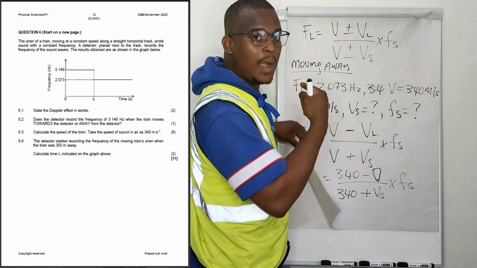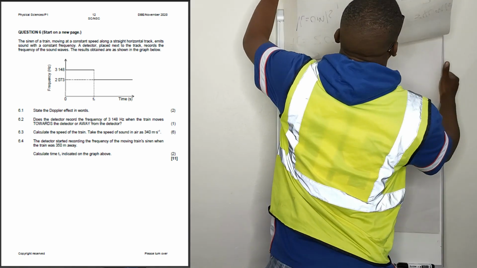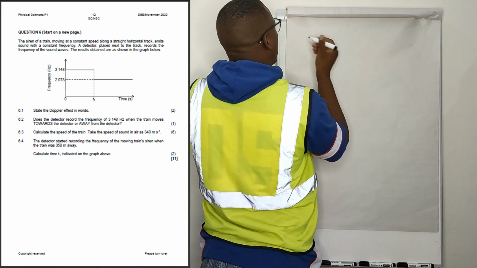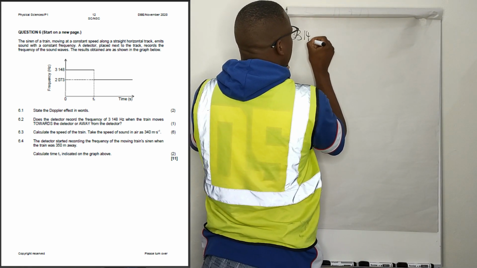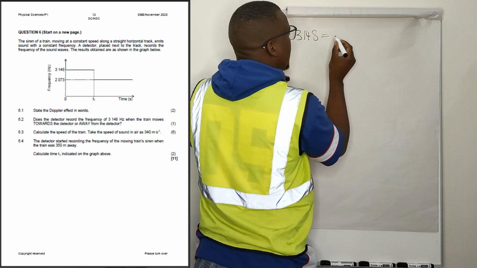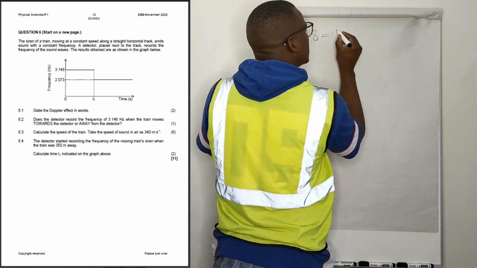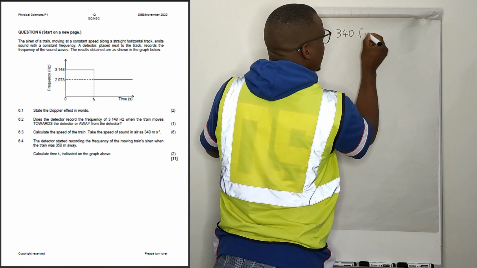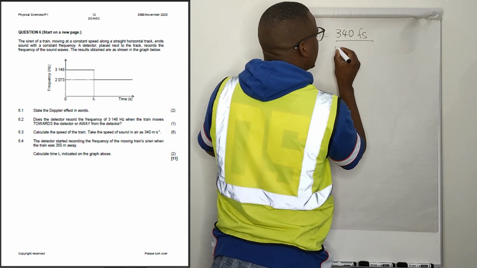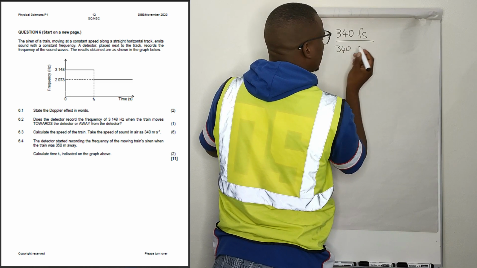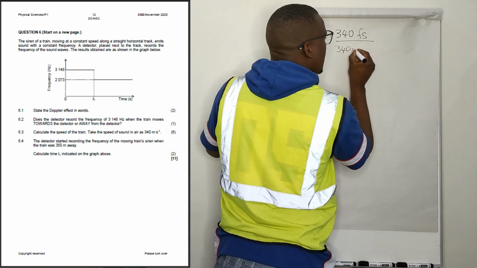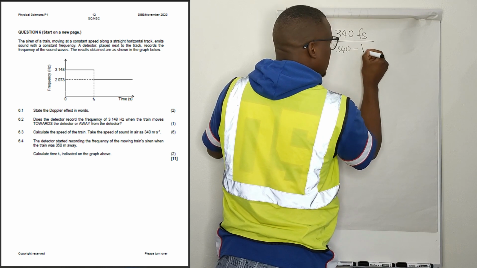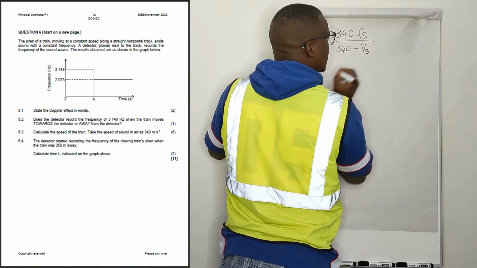So we have two equations. I'm going to write both of them. So the first equation was 3148 is equal to 340 times Fs divided by 340 minus velocity of a source.